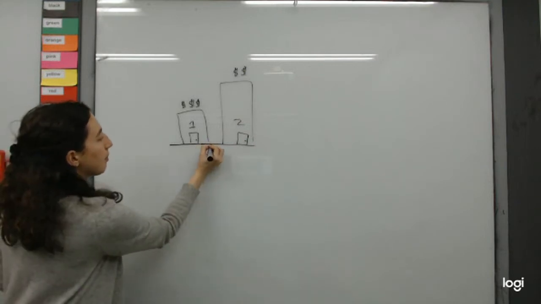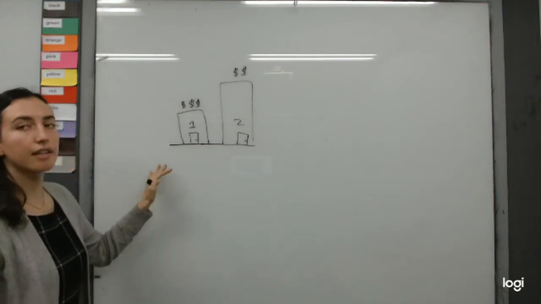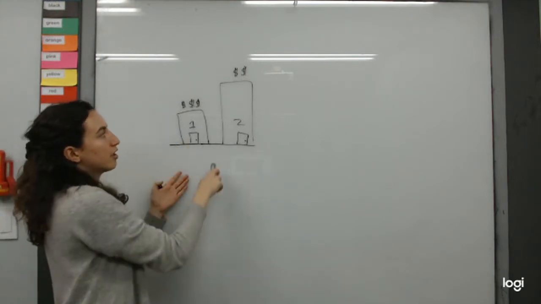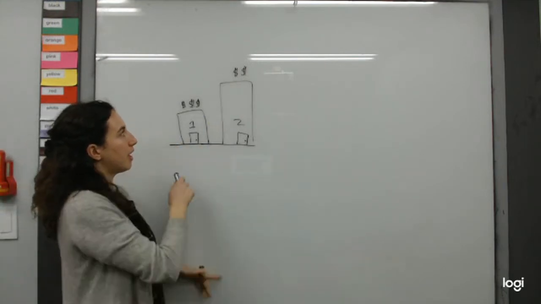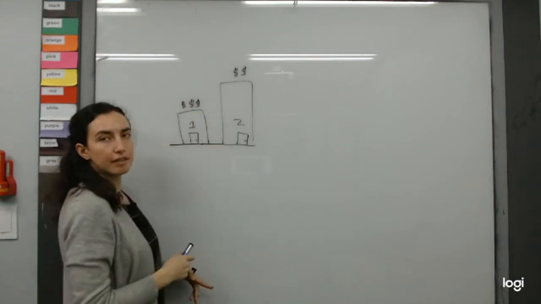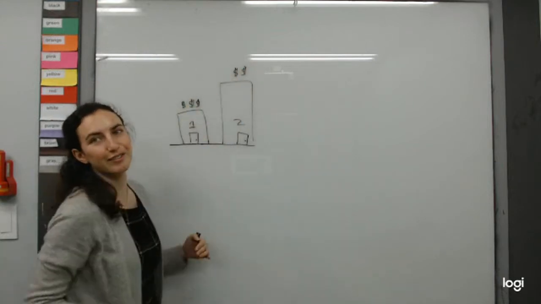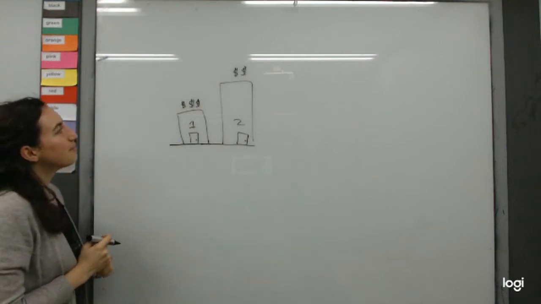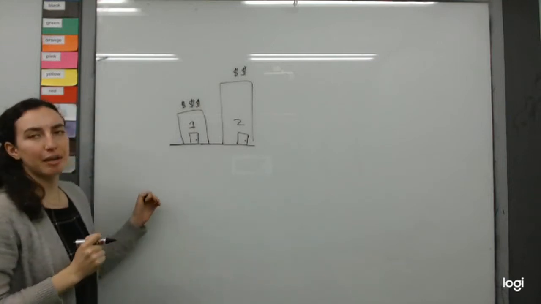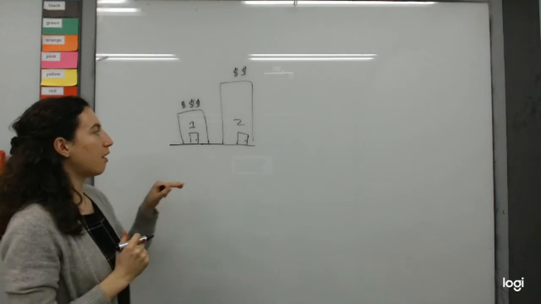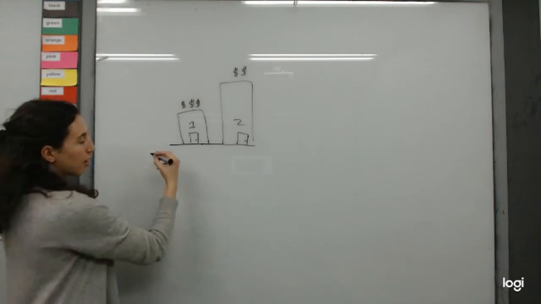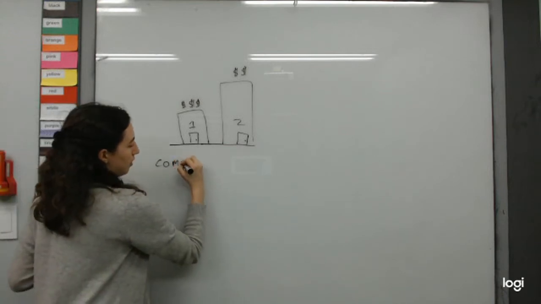When we are talking about building 1, we can say it is shorter than building 2. We can say it is more expensive than building 2. Building 2 is only $2. This is $3, very expensive. We are talking about the ways they are different and how they are different. So these are called comparatives.